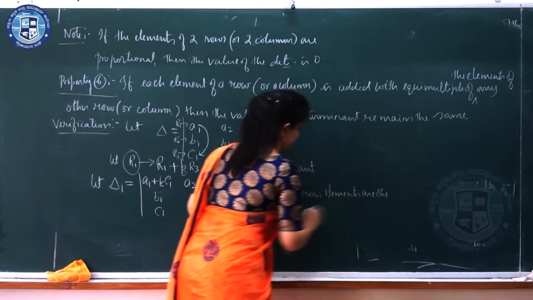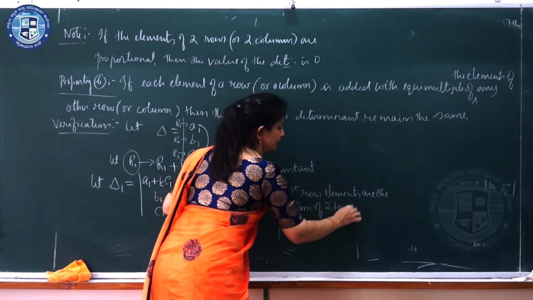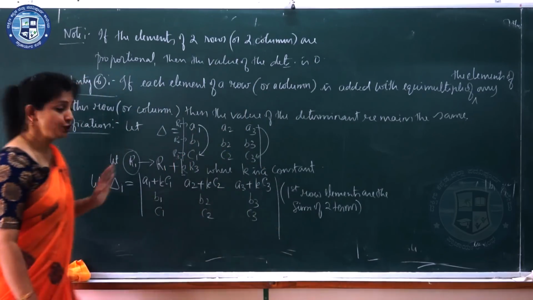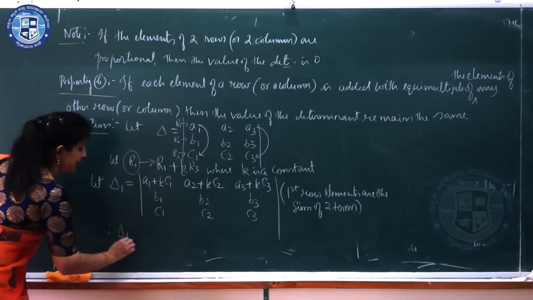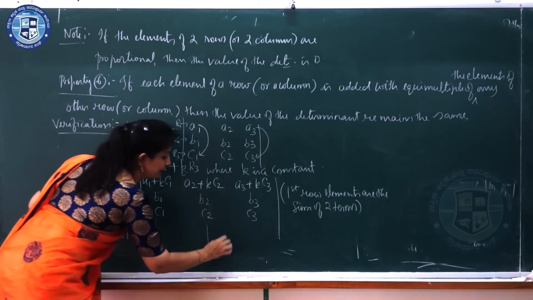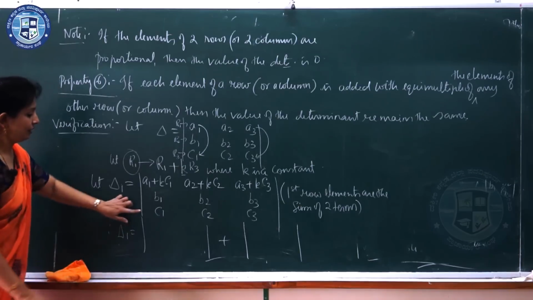Therefore delta 1 is equal to the sum of two determinants. What are the two determinants?